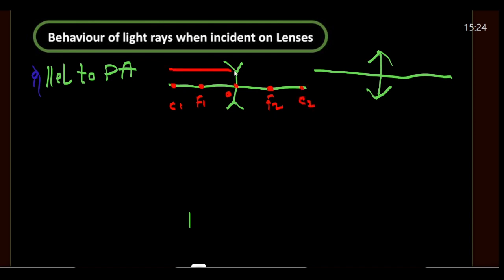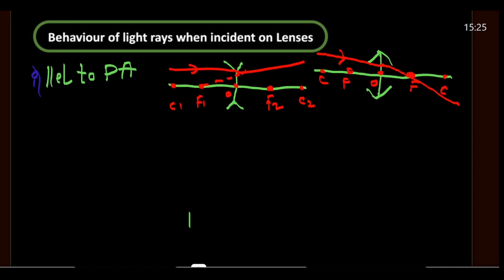Now the ray is incident on this lens parallel to the principal axis. After incidence like this, it always diverges, and it looks like it is traveling through the focus. Here too, this is the optical center, focus and center. If the ray is incident parallel, it always refracts as if through the focus.